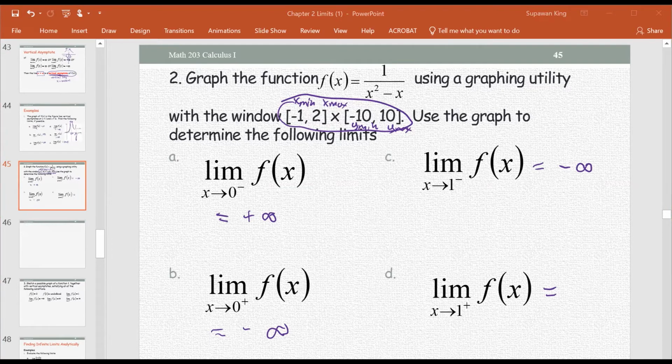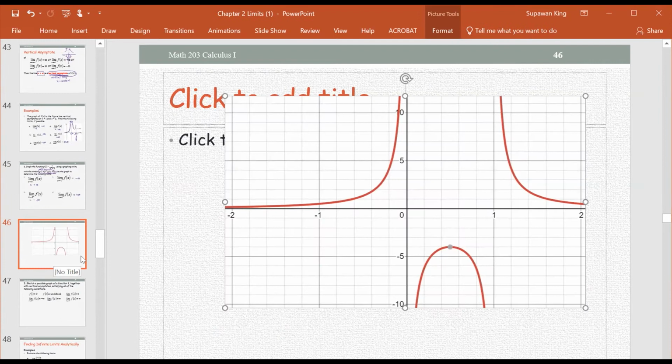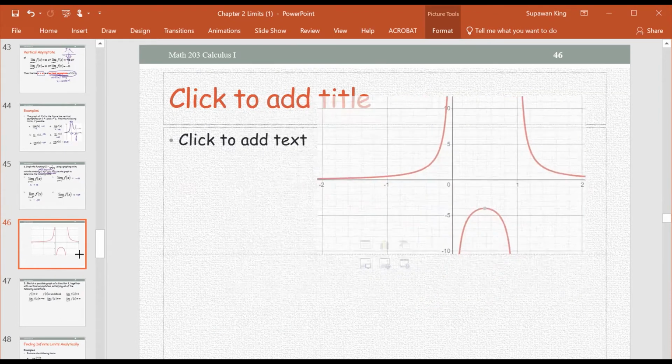What do you think? Plus sign, yes, go to positive direction, positive infinity. And I'm going to share the graph real quick. So this one, if you do not have the calculator, you could have done it by hand.